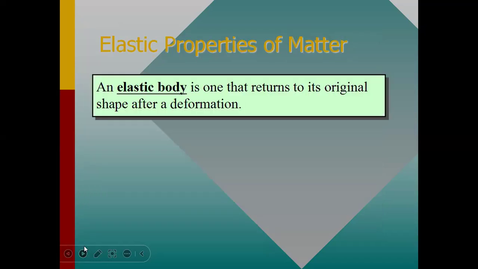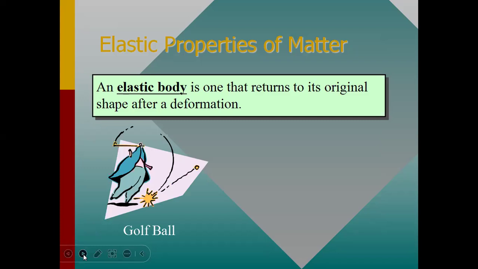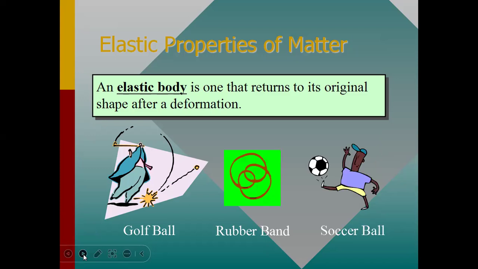Now, first of all, what is an elastic body? An elastic body is one that returns to its original shape after deformation. That means after applying force and removing force, we get the original body. So this is the golf ball, and this is the rubber band we have used to determine an elastic body, and this is a soccer ball.